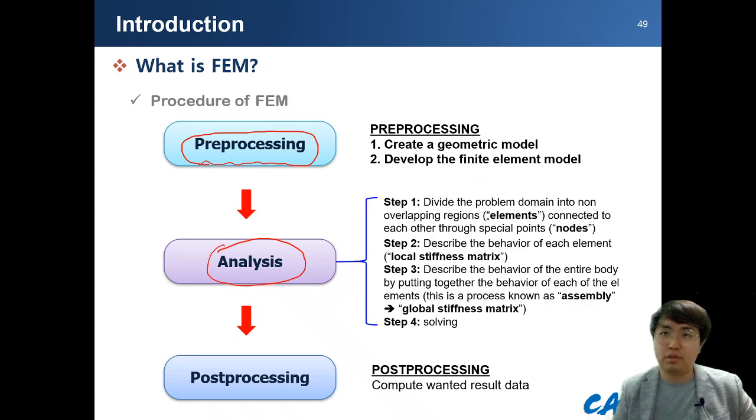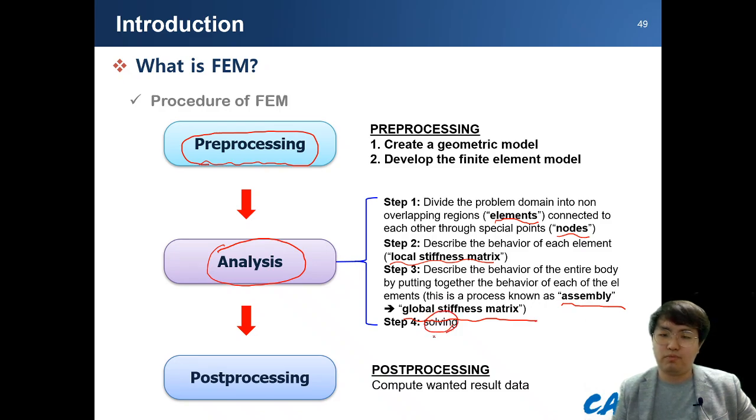In the previous slide, this means pre-processing, and analysis means applying the numerical technique. First we need to define the exact element and node, because we have various types of elements and nodes. For each element, we define the local stiffness matrix of the single element. The next step is assembling these local stiffness matrices into the global stiffness matrix, and then finally we can solve it.